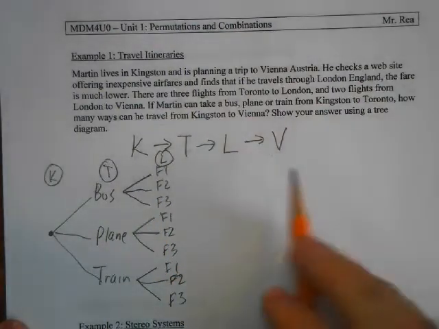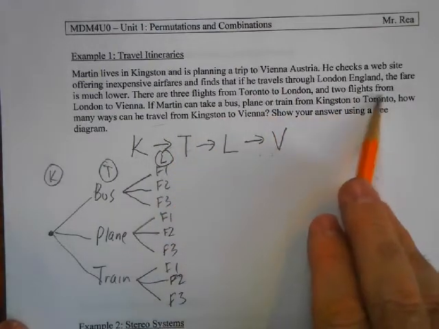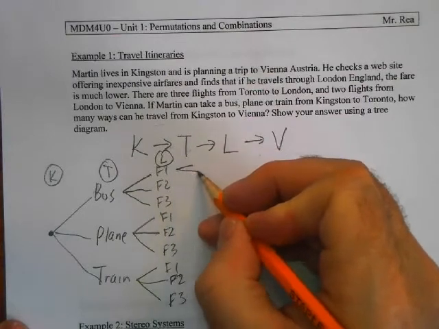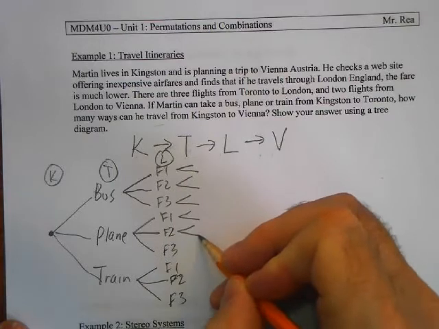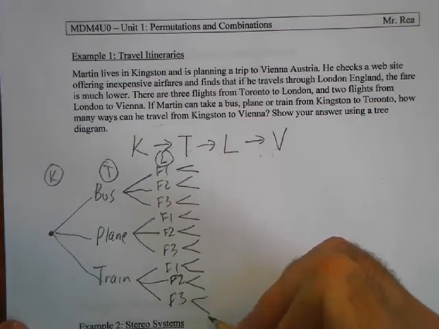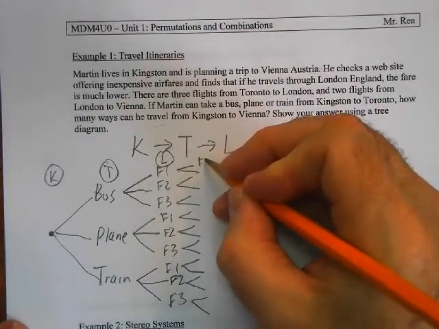Now he's in London, he wants to get to Vienna. From London to Vienna, there are 2 flights. So from each of these branches, you're going to have 2 branches off those. You're seeing now the disadvantage of doing this. I'll call these, again, F1, F2.